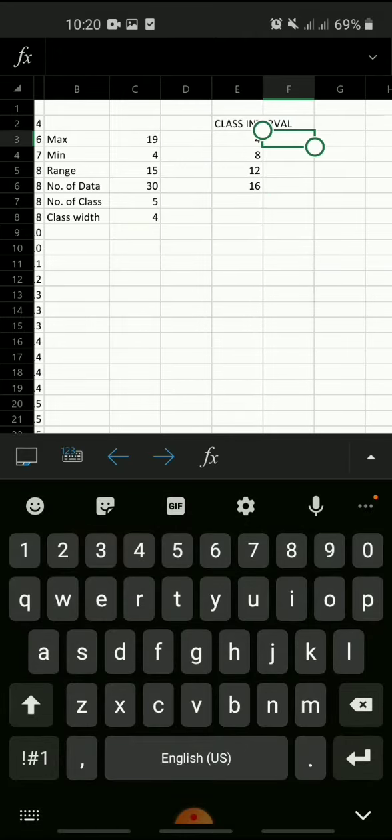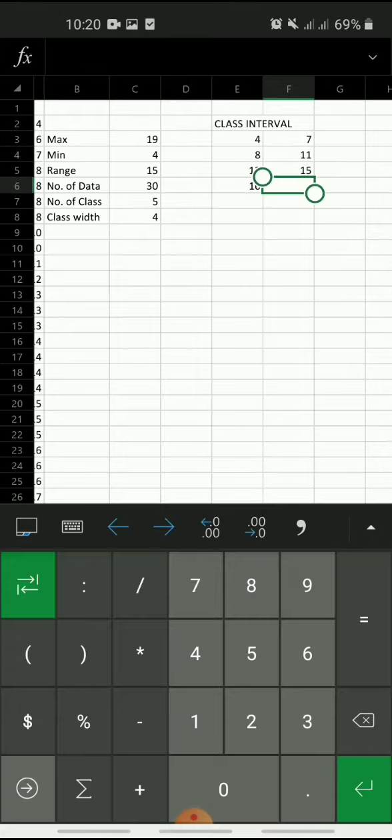And for the upper class limits, we subtract 1 from our class width, then add. So 4 plus 3 equals 7, 8 plus 3 equals 11, 12 plus 3 equals 15, and 16 plus 3 equals 19.